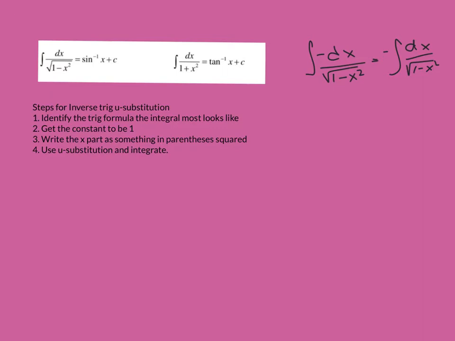You're going to want to get the constant to be 1, and by constant I mean whatever this thing is right here. The other step is to write the x part as something in parentheses squared. By the x part, I mean this thing right here. It's the same for the sine. And then you're going to use u substitution and integrate.